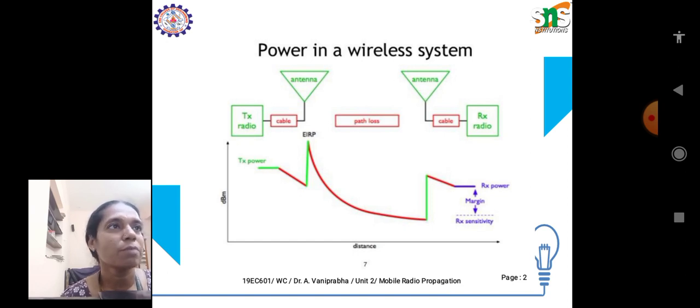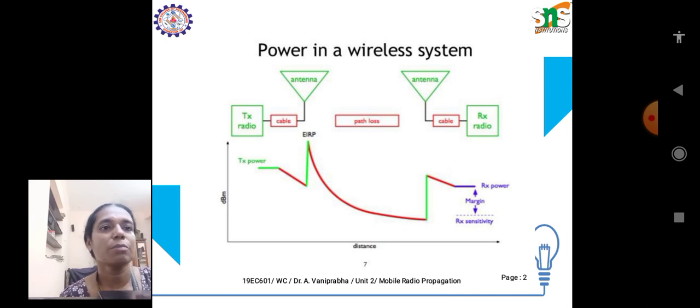During its travel from the transmitting antenna to the receiving antenna, it experiences a path loss due to obstacles, interferences or external noise. The receiving antenna receives the transmitted signal and again it is conveyed through the cable to the receiving section. There it is processed, noise is removed, and it is converted to the useful wave.